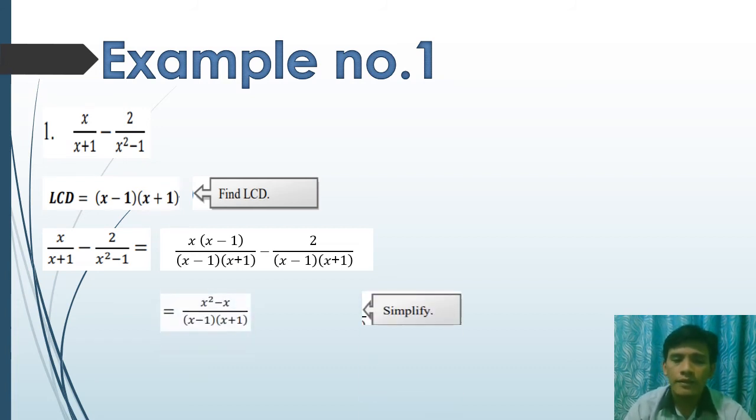Let's simplify. x times x is x squared. x times negative 1 is negative x. For that, we use the distributive property.